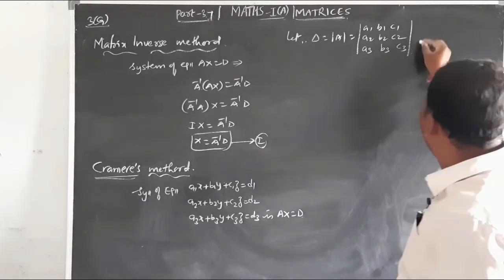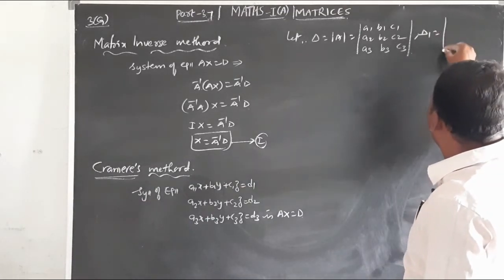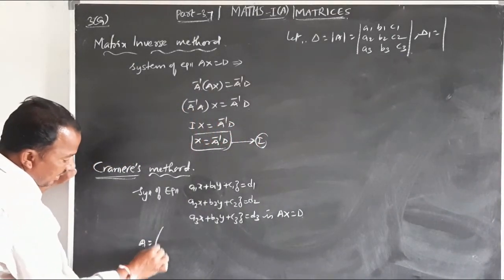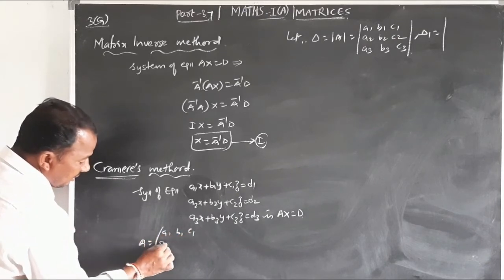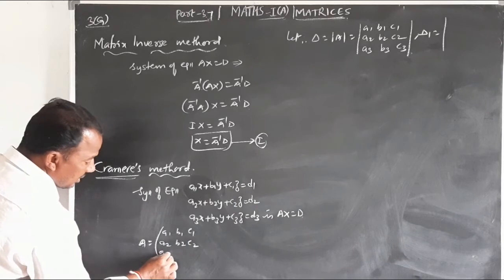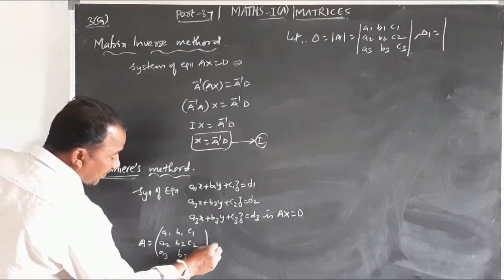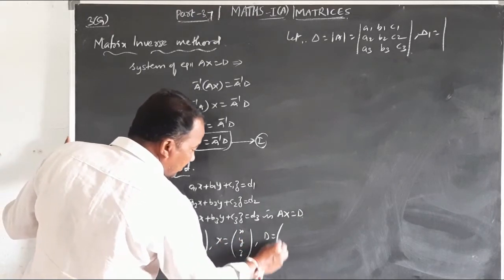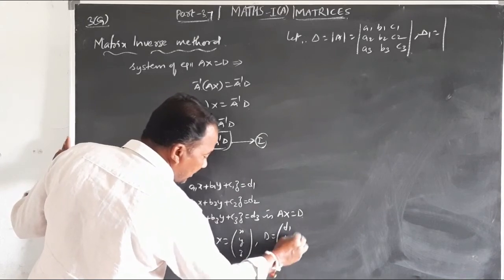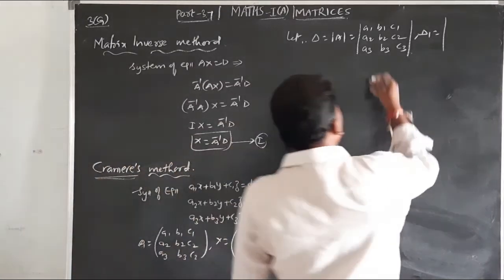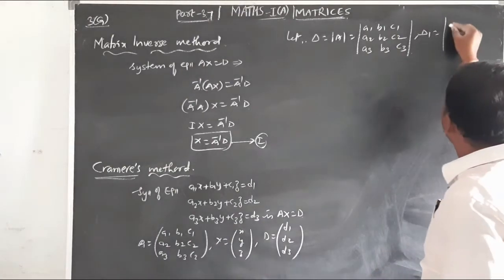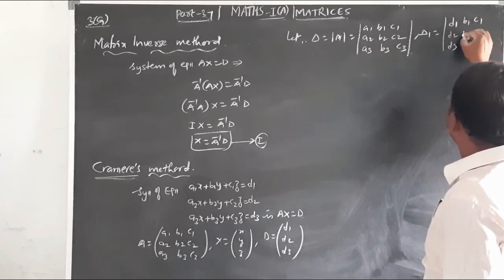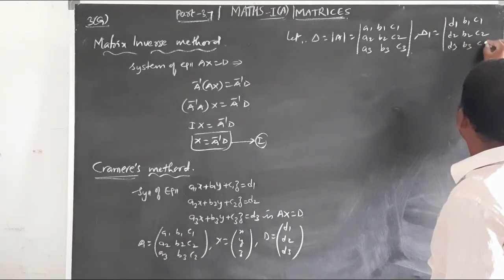For delta 1, the first column is deleted and replaced with d1 d2 d3, keeping b1 c1, b2 c2, b3 c3.